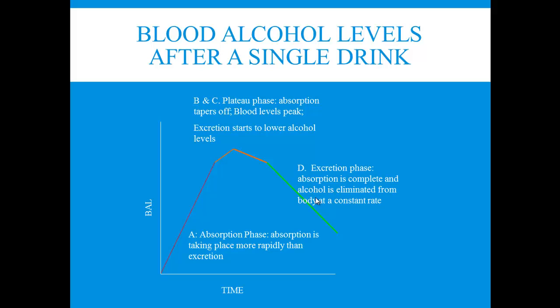One of the things that's going to come out in this chapter when we talk about zero order kinetics is that my constant rate is my constant rate. Your constant rate is your constant rate. The constant rate of a social drinker is going to be different from the constant rate of an alcoholic. If you want to imagine individuals on a highway, you could have three cars that are all going constant rates.